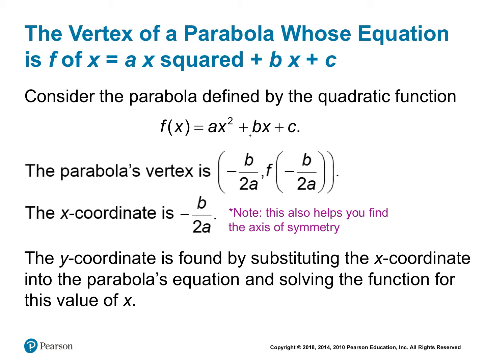So you take b divided by 2 times a and then make it its opposite. The x-coordinate can also be found by that -b/2a. This also helps us find that reflection line, the axis of symmetry, as it is called. And then the y-coordinate is found by substituting the x-coordinate into the parabola's equation and solving the function for that x value.